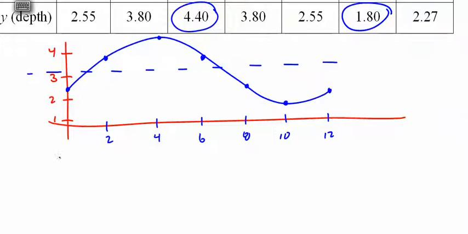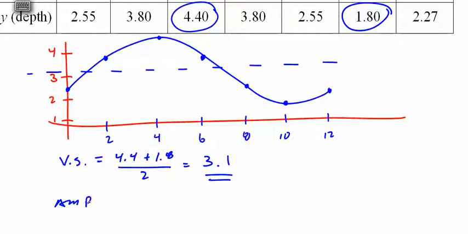But we got to start there. And basically, the vertical shift means halfway between the high and the low, which if you've never done is very simple average. And the amplitude is how far away we are from that. So it's 4.4 minus 3.1, or it's 3.1 minus 1.8. Either way, you get 1.3.